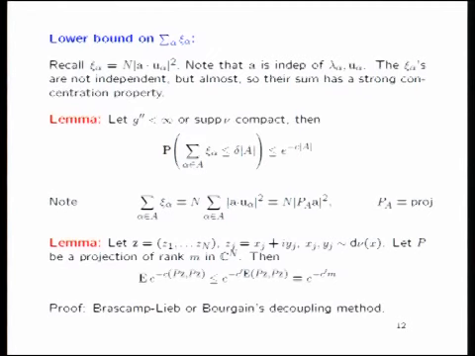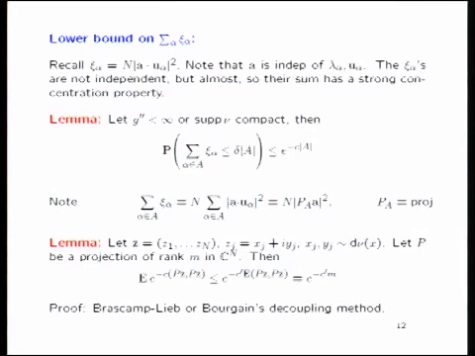Roughly speaking, the general statement is the following. What one realizes is that this is actually a completely general statement. You take random variables z1 to zn, which are complex. There are also real versions. You take any projection operator P of rank m.